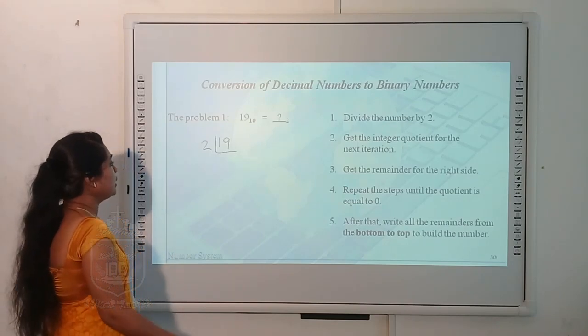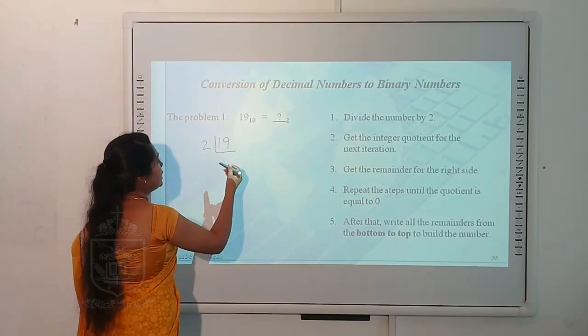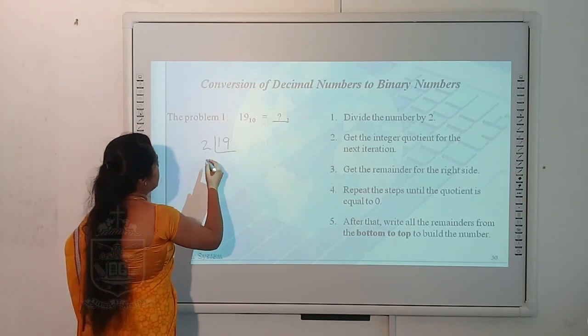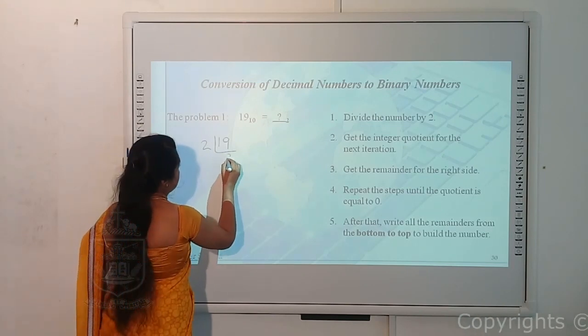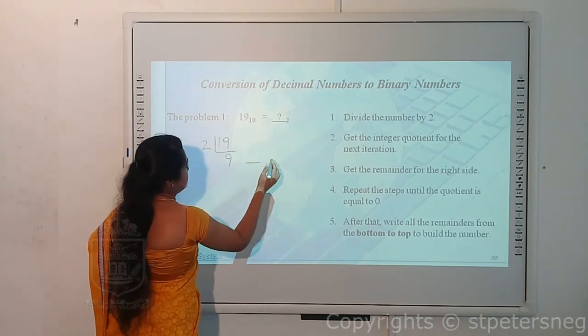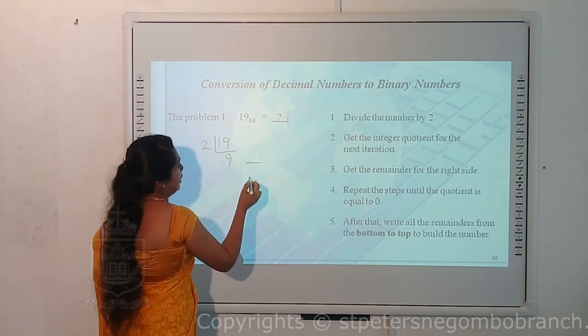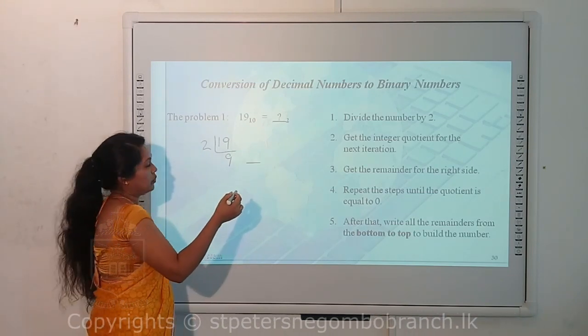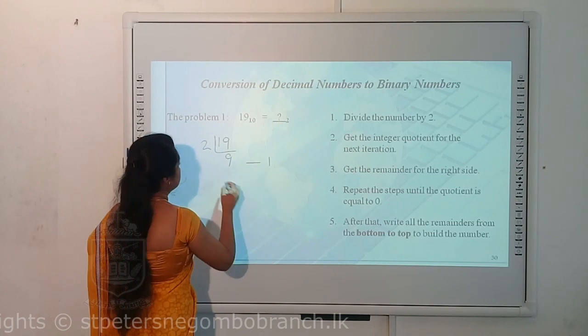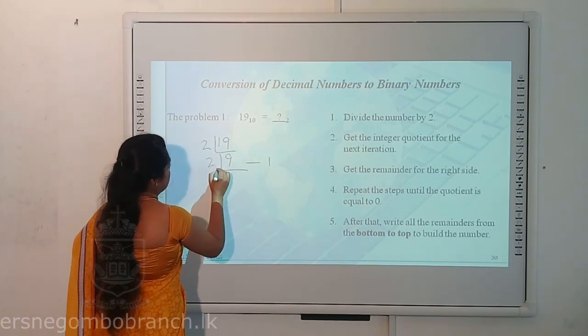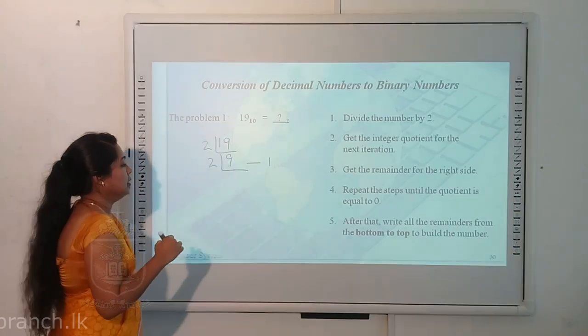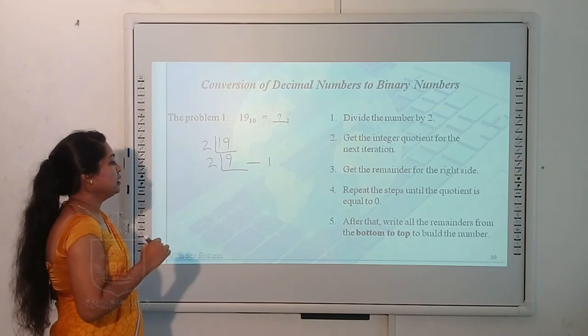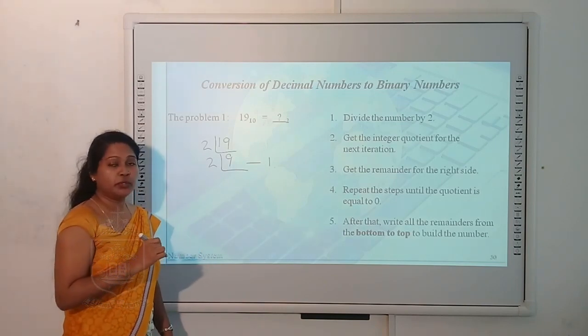Then after that, get the integer quotient for the next iteration like this. Remainders, get the remainder for the right side. Then after that, repeat the steps until the quotient is equal to 0.